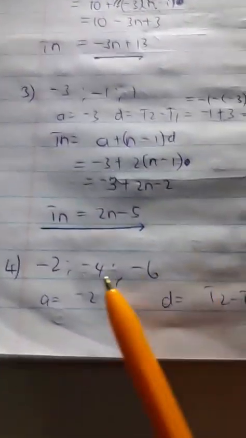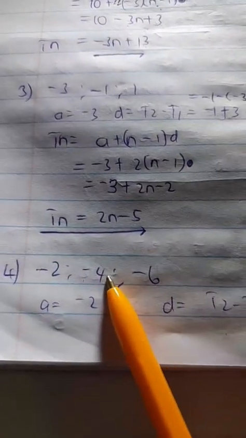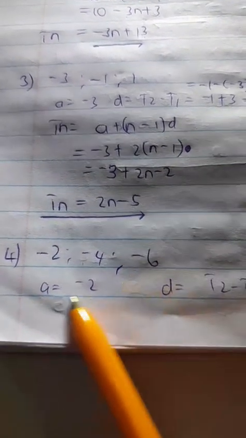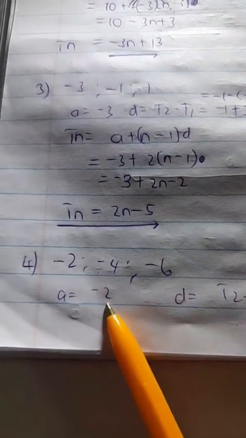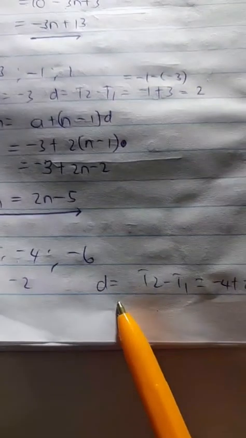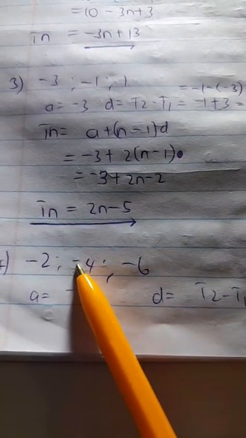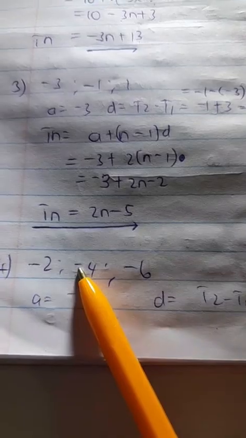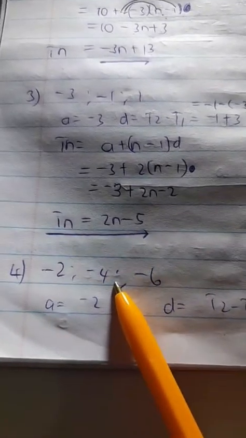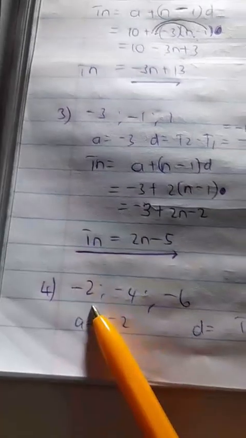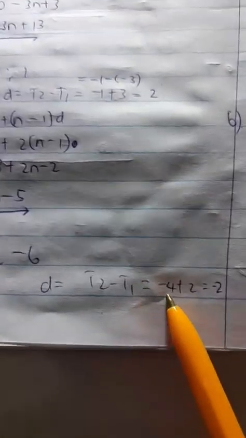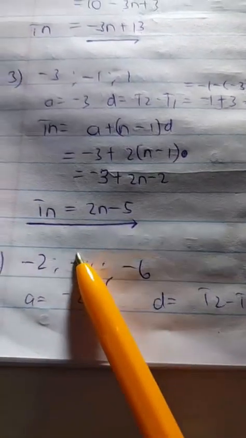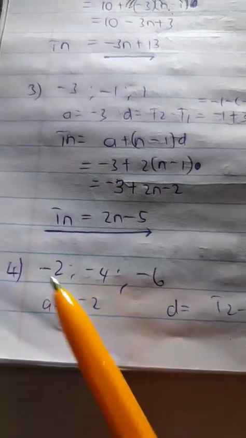Let's look at number 4. Negative 2, negative 4, and negative 6. So the first term, a, is equal to negative 2. The constant difference, thank you, Wilmore, is negative 4 minus negative 2.